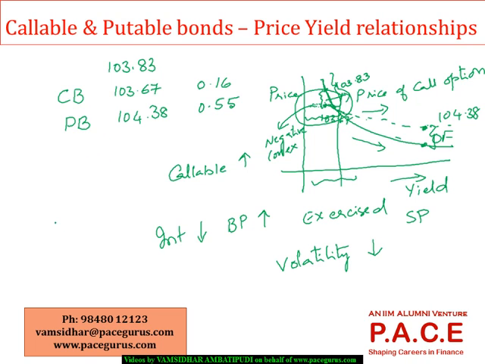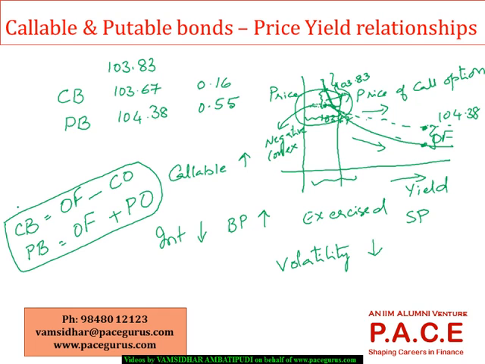Another way to say it: the value of the callable bond is equal to the value of the option free bond minus the call option, whereas the value of the putable bond is the value of the option free bond plus the put option premium. These two relationships, if you remember them, can definitely help us in understanding the behavior of each of these bonds, which we can also use for our real life investment decisions.